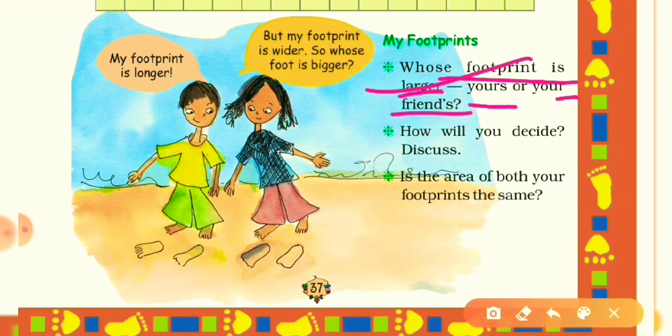By observing the area of your footprint and your friend's footprint, you can see and then you will get that your footprint is bigger, so it means your footprint has a bigger area. Simple. Now, is the area of both your footprints the same? Yes, both your legs are equal, so your footprints will also be equal.